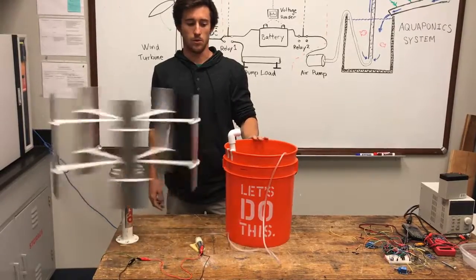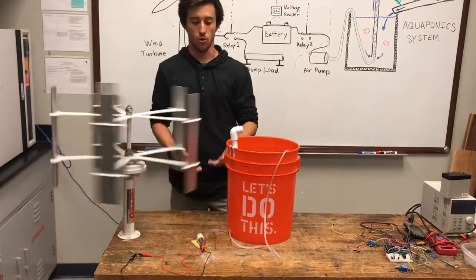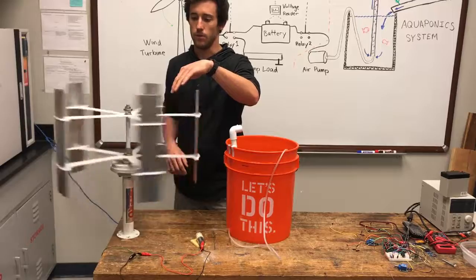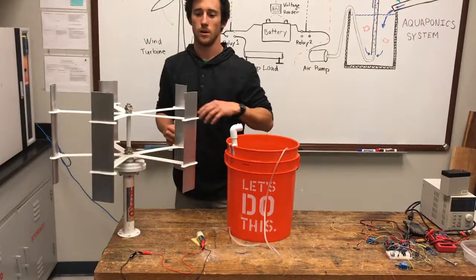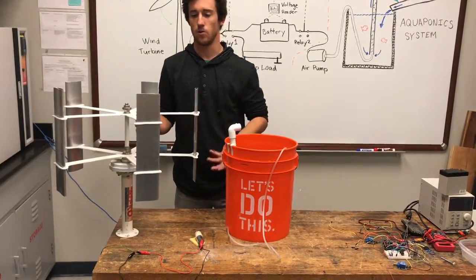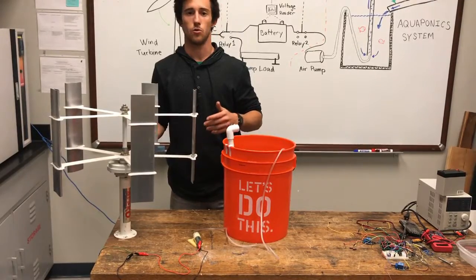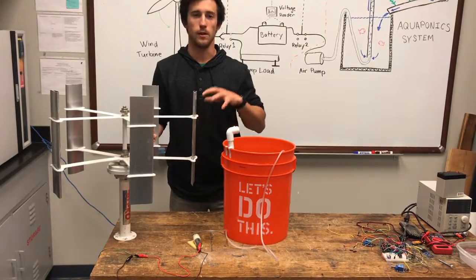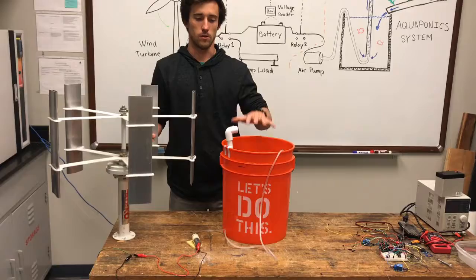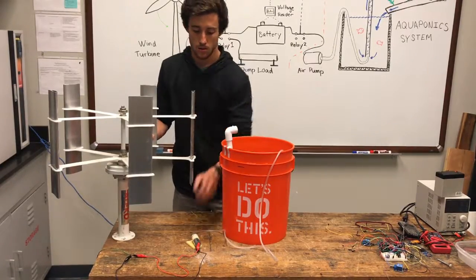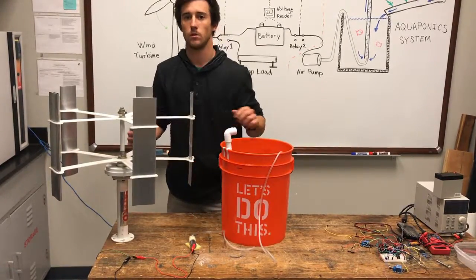And this is a fundamental concept, but we need to control the output of the electricity from the turbine, since there will be great fluctuations. And to do that, we'll show you in our control system how we regulate the charge of the system and the output into our motor.